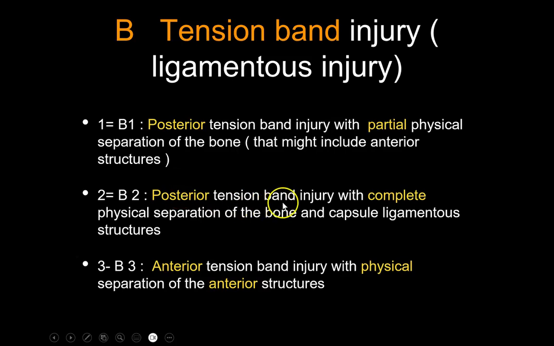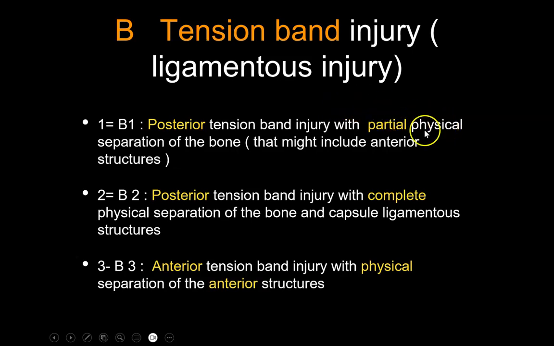B2 is posterior tension band injury with complete separation of the bone and capsule ligamentous structures. And B3 is anterior tension band injury with physical separation of the anterior structures. So B1 and B2 are related to the posterior tension band most probably.